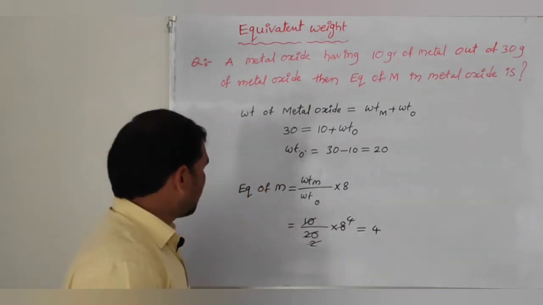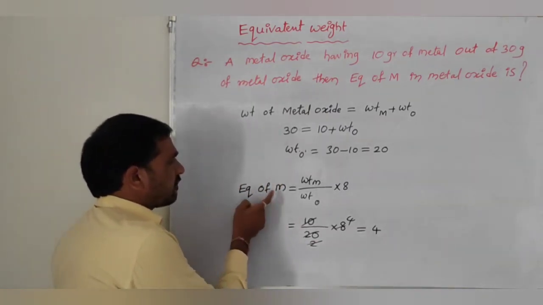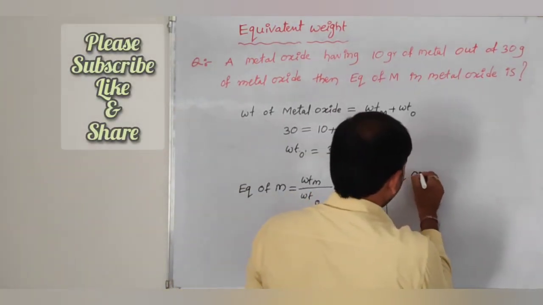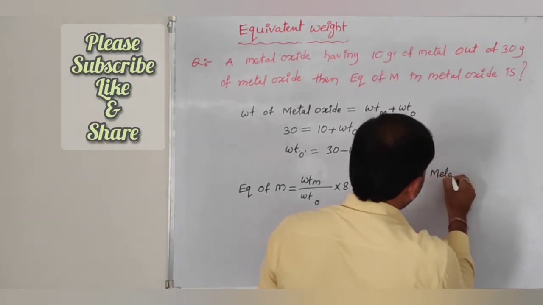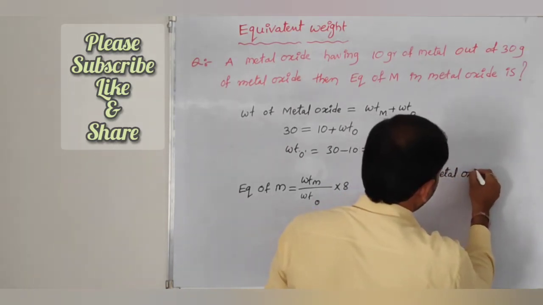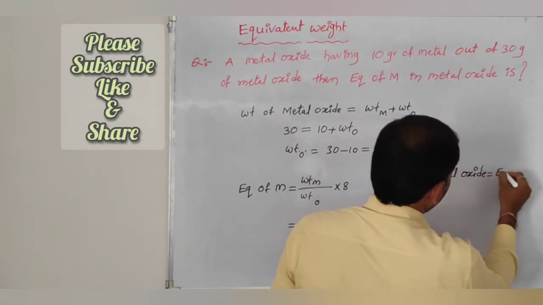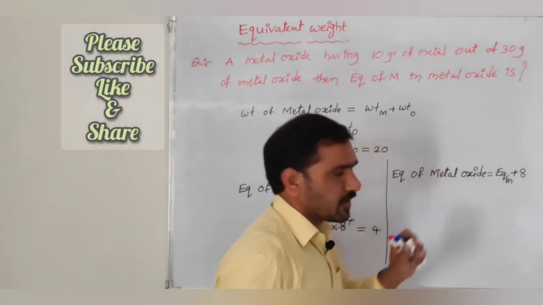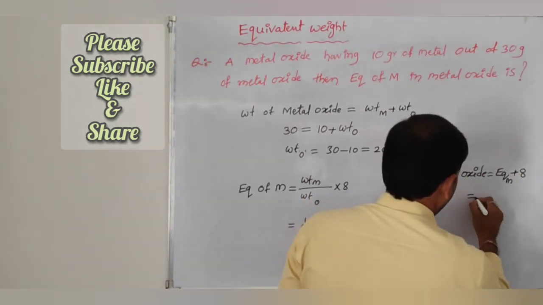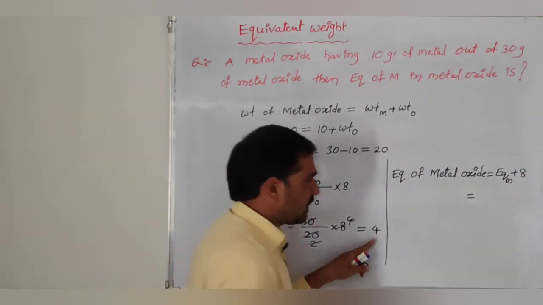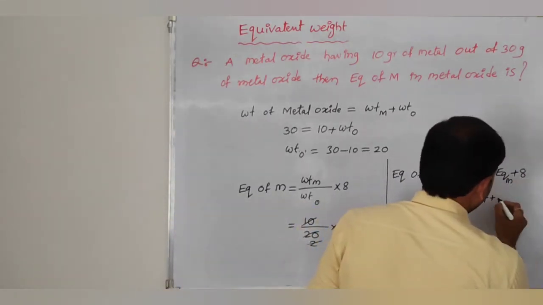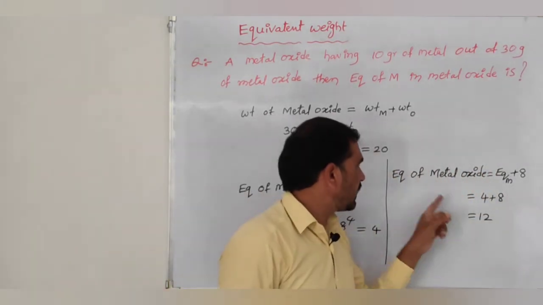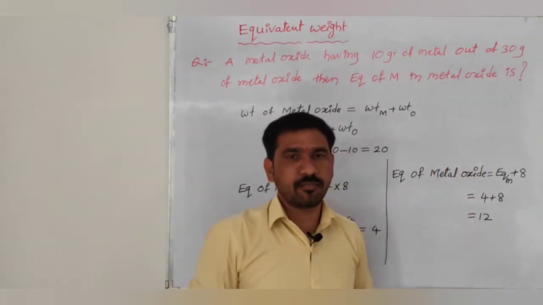So 4 is the equivalent weight of metal. Then after, beta, here equivalent weight of metal oxide is equal to equivalent weight of metal plus 8, that is equivalent weight of oxygen, right? Therefore, equivalent weight of metal we gathered is 4, plus equivalent weight of oxygen 8, that is equal to 12. So 12 is the equivalent weight of metal oxide fully. Is it clear, beta?